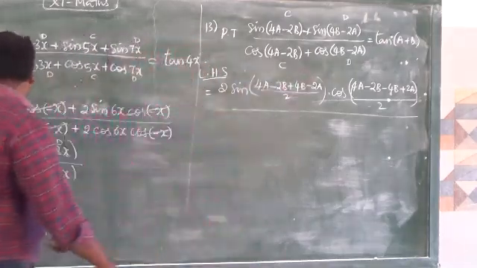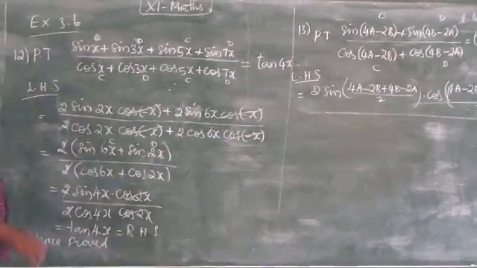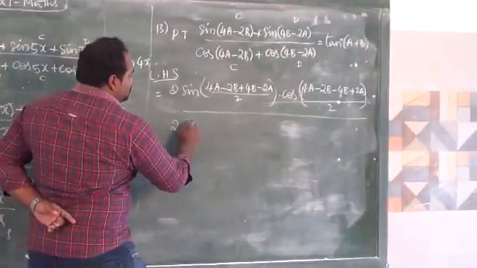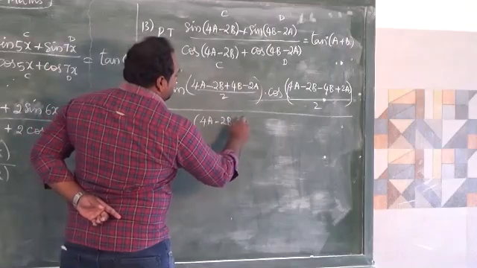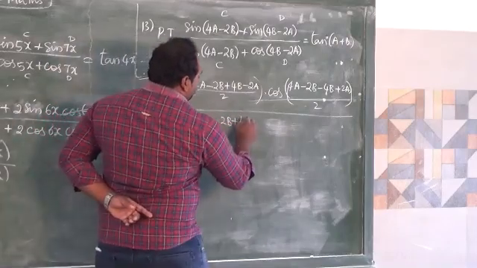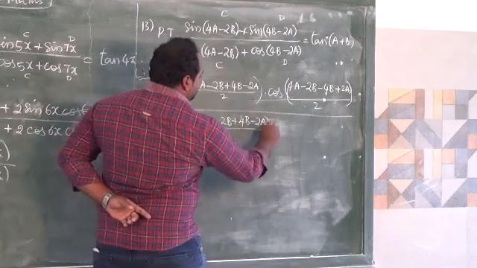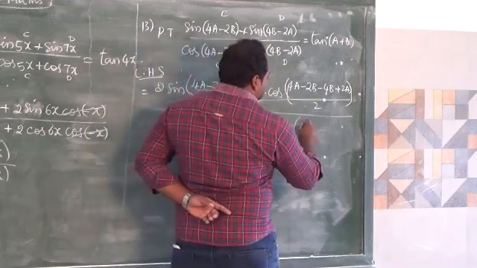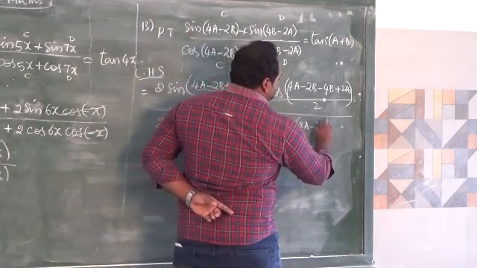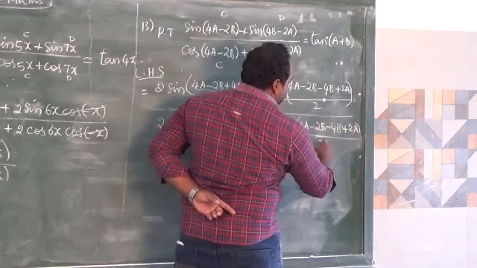Cos C plus cos D formula is 2 cos (C plus D)/2 cos (C minus D)/2. So 2 cos (4a minus 2b plus 4b minus 2a)/2 into cos (C minus D)/2, (4a minus 2b minus 4b plus 2a)/2.